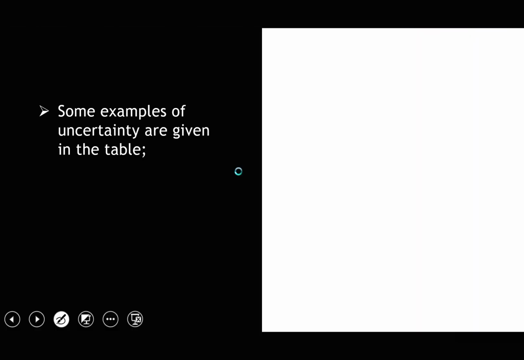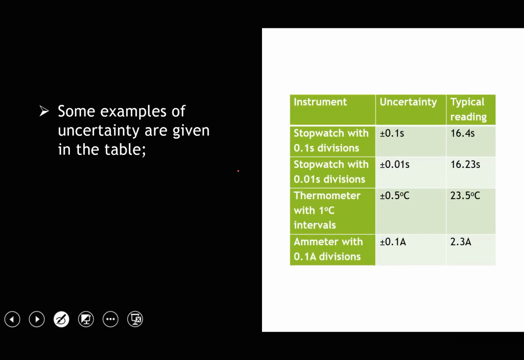Okay, so we have here some examples. I gave you a stopwatch which measures to 0.1 seconds. Its uncertainty is 0.1. A typical value that could be given, you notice that the values are to one decimal place. Then there are those stopwatches, the most common ones used in the laboratory, that measure at two decimal places. If it gives such a value, the least count is 0.01.